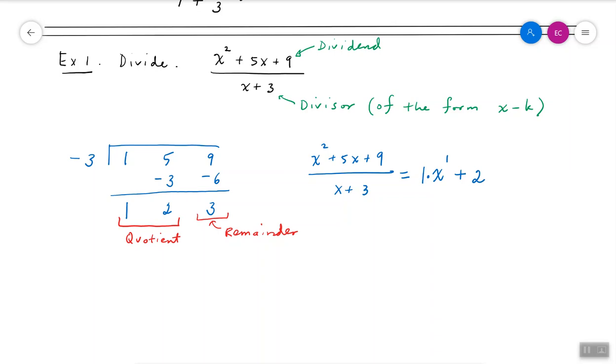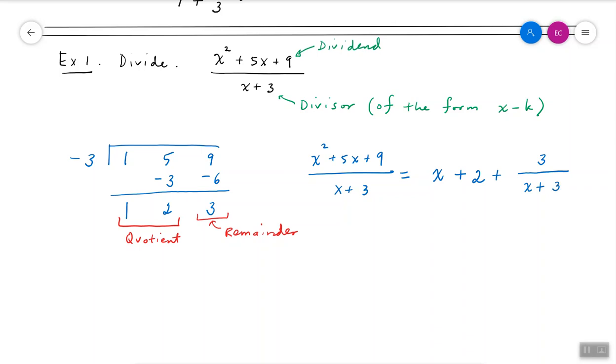And I guess if we feel good about 1 times x to the first, then maybe we can just go ahead and simplify that right here and just call that x plus 2. And then we're going to add on a fraction at the end. Remember, the numerator is going to be the remainder, and the denominator is going to be the divisor.